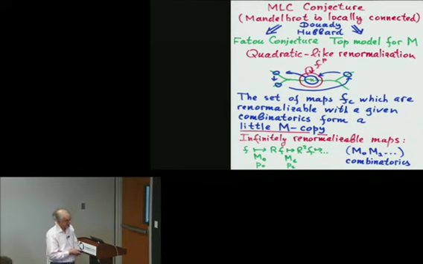That is what we call the combinatorics of the original infinitely renormalizable map. And from this point of view, today the MLC conjecture was reduced to the conjecture which says that the combinatorics of an infinitely renormalizable map determines the map itself.